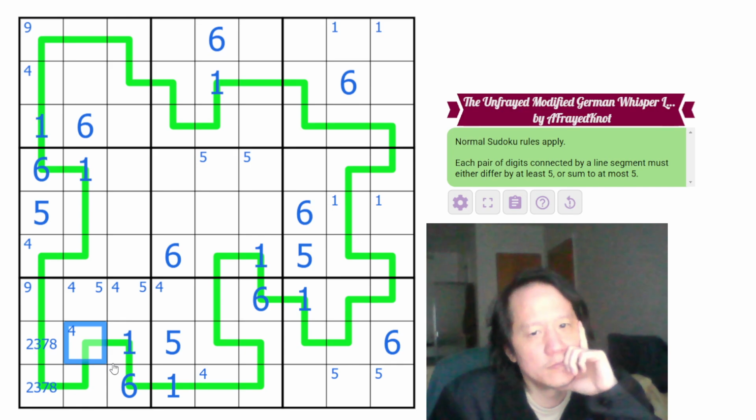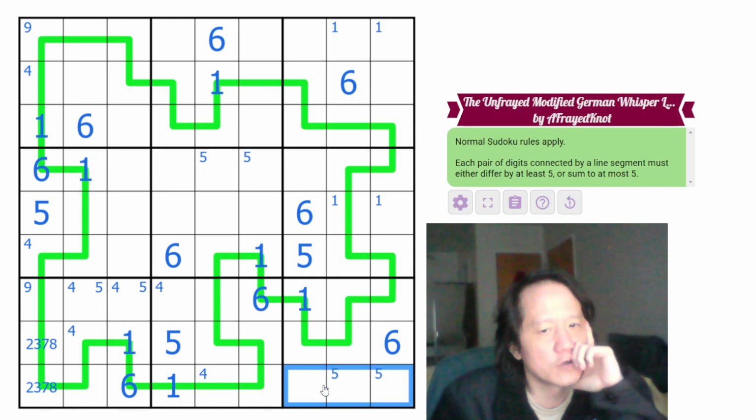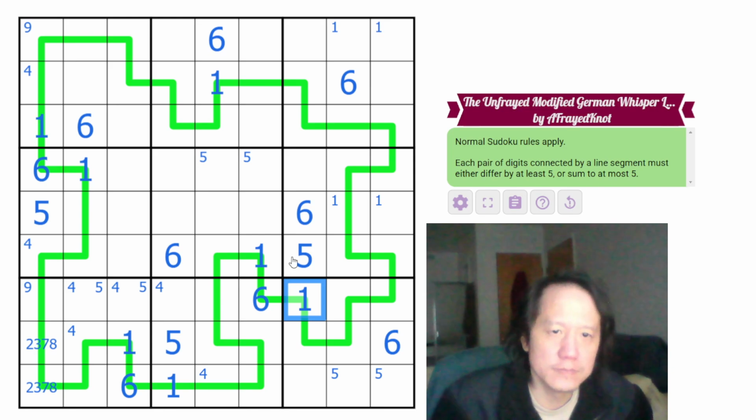Interesting. Can this be 4? No, it's between two unique numbers, and it cannot contain 1. Can this be 4? No, because it's next to two unique numbers, and 1 is already taken. This actually could be 4. This could be 4 too. So 4 could also be any of these 3.